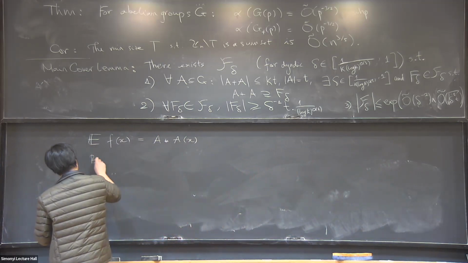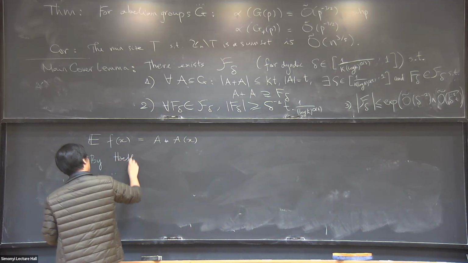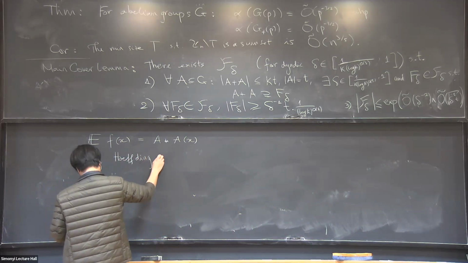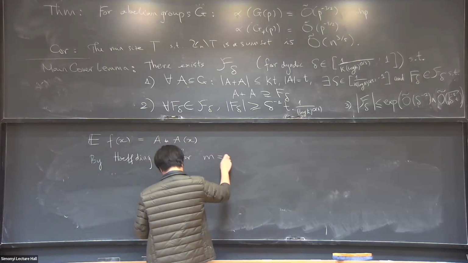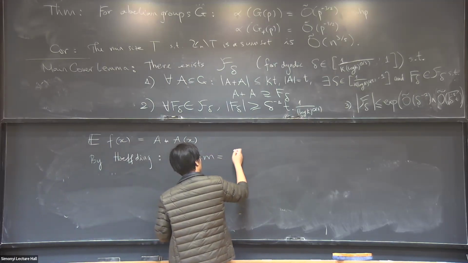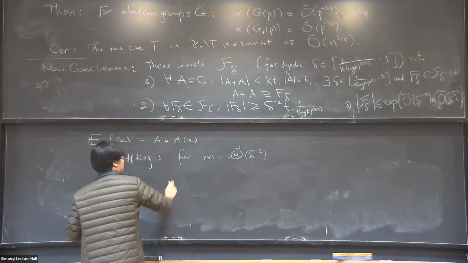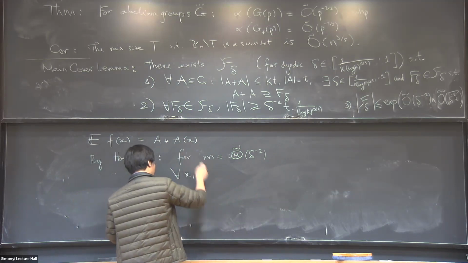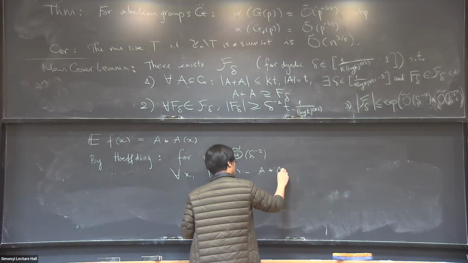So by whatever we want to use here, Hoeffding or Bernstein, we have that for m of order delta to the minus 2 up to some log factors, for every x, f is a good approximation to the convolution.